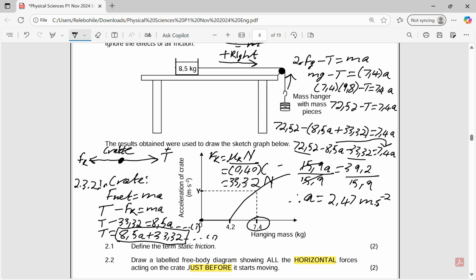Remember, we have to find our kinetic friction first, so this one we also do on the side. Then this will be our final step, step 3, when you substitute this formula into this one. But that's how you move. You'll write firstly this part, and then go to this part, and then this part.